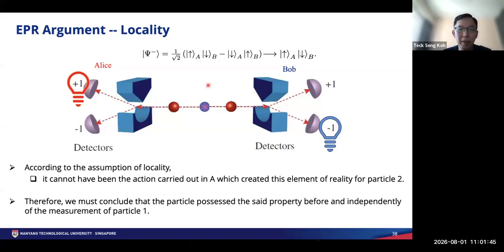If you can separate them far enough so that at the time that Alice measures this particle, any signal will take too long to travel to Bob before Bob gets his measurement, then according to the assumption where these two are well separated, space-like separated, if you use the relativity terminology, it cannot be the action carried out in Alice's apparatus that created this element of reality for Bob's particle. And therefore, we must conclude that the particle possessed this said property of spin down before and independently of the measurement of particle 1. So this is all very logical.